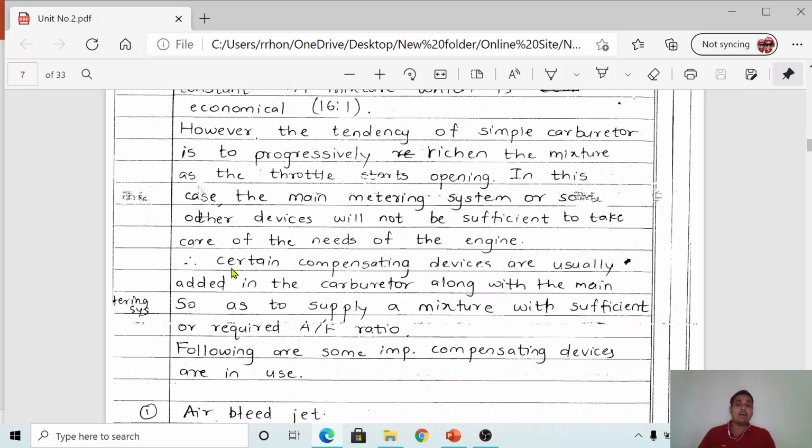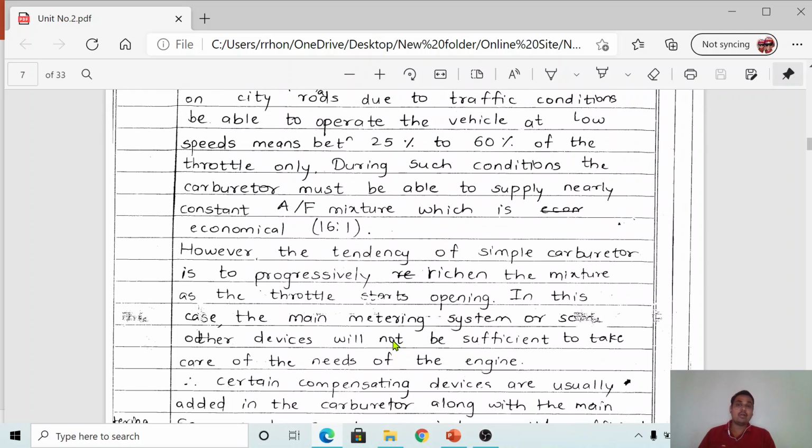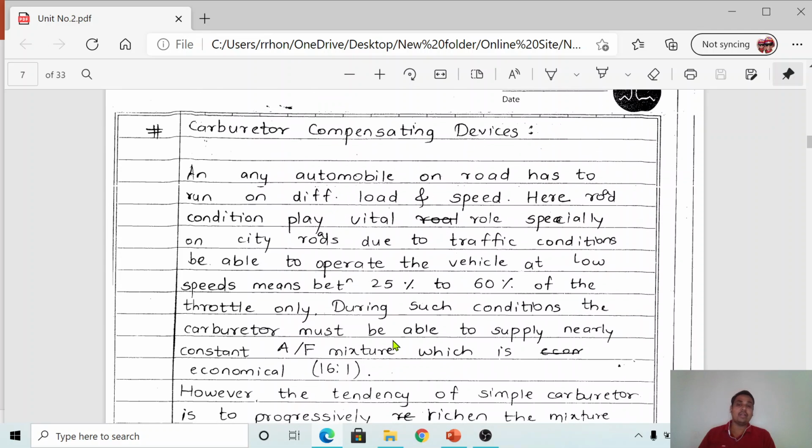So there is a need for certain compensating devices which are usually added to the carburetor along with the main metering system, to satisfy the requirement of the engine cylinder and supply a mixture with the required air fuel ratio. So this is about the compensating devices or auxiliary circuits.